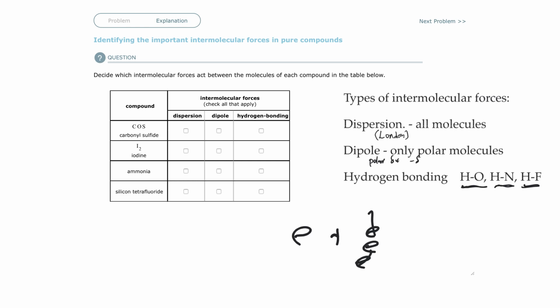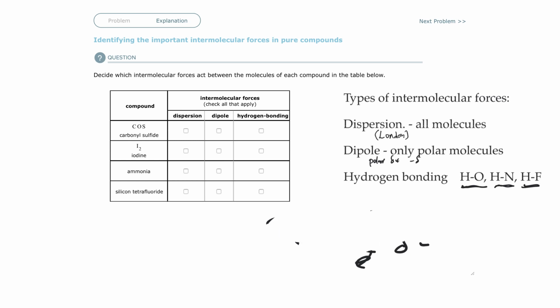Okay, as they're all whirring around, you may have a moment where you have more electrons on one side than the other, and that makes it have a slight negative side, and then the other side would be a slight positive side. So if you can imagine billions of molecules sitting all close together, all of them zipping around so fast, and then momentarily one side is negative and the other side is positive, sometimes these neighboring molecules are going to attract each other. So that's London forces.